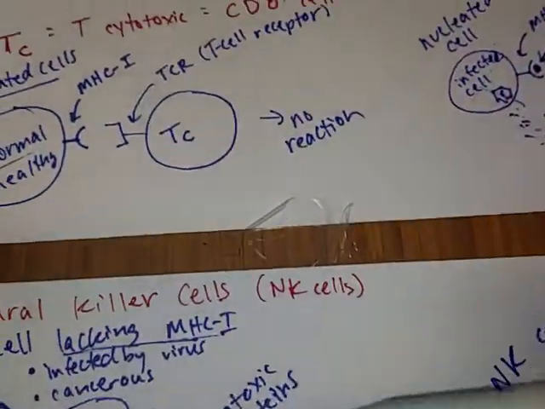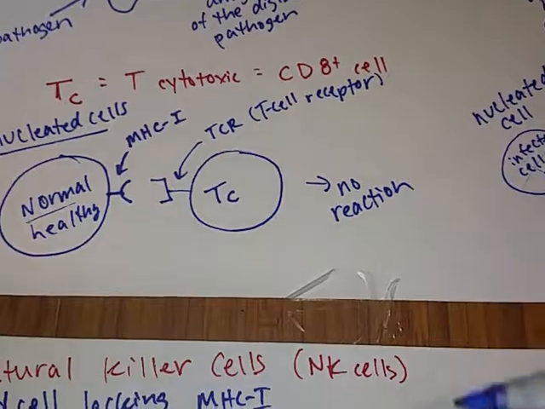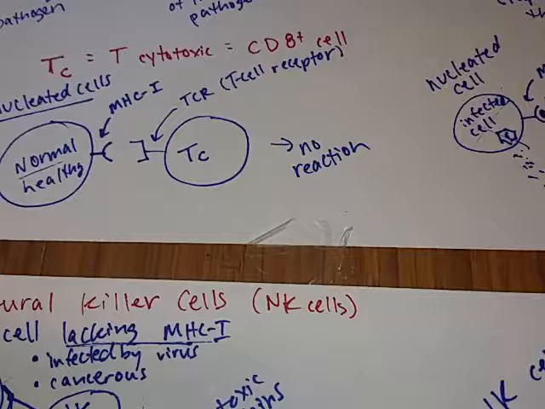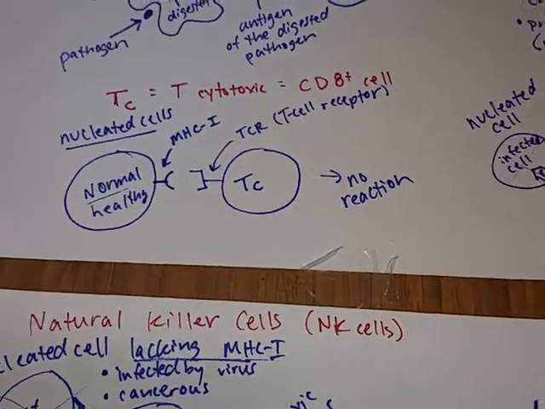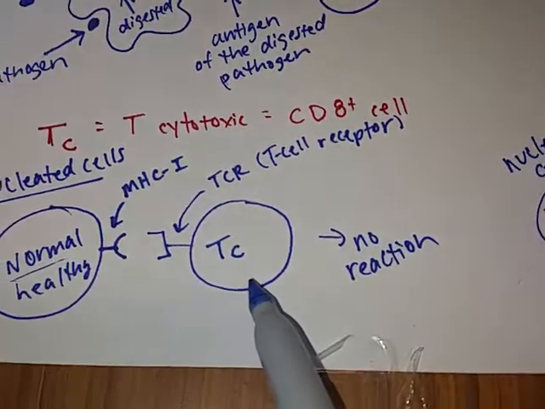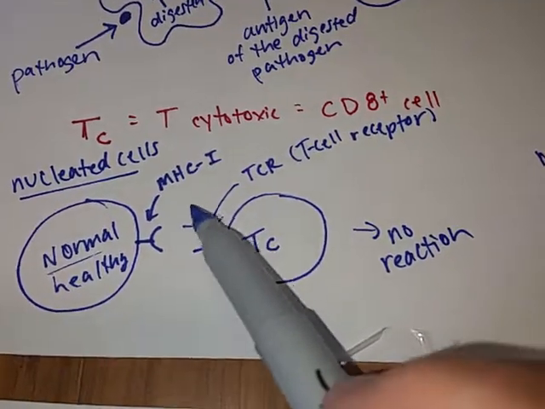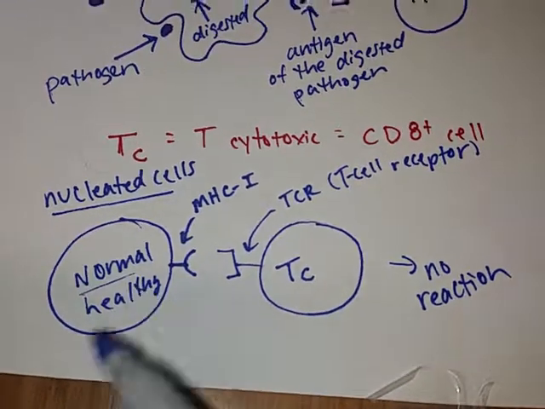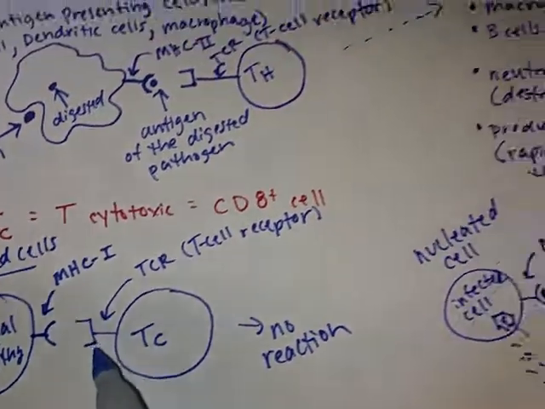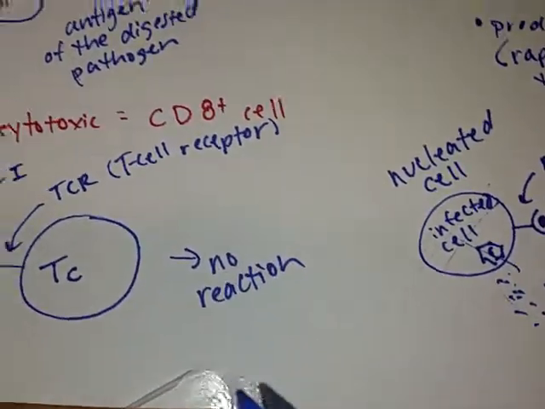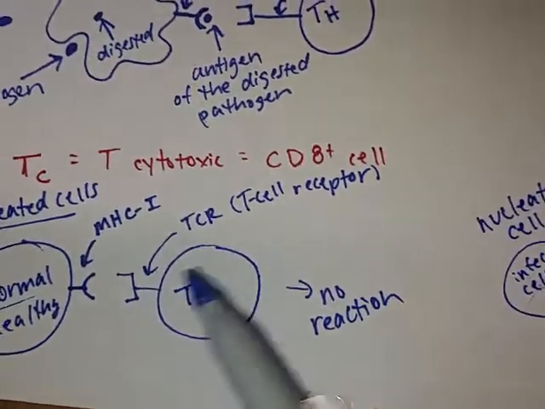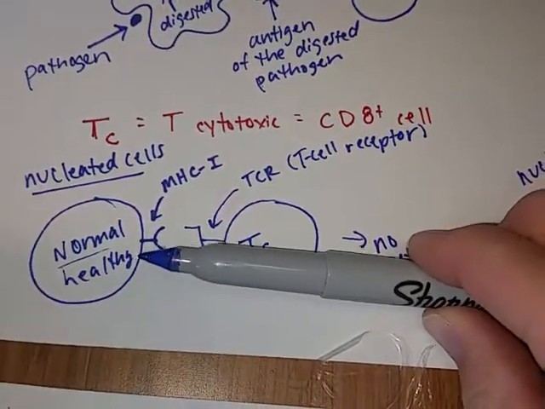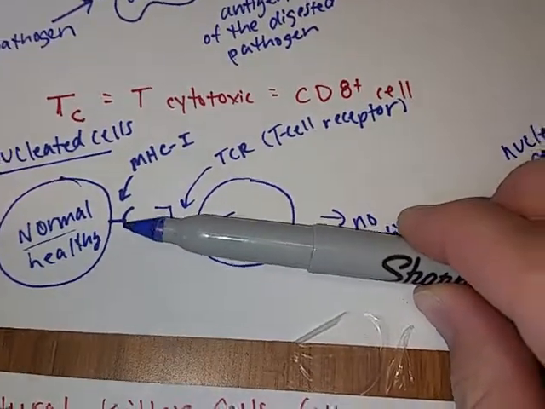T cytotoxic and natural killer cells are immune cells that kill off our own host cells that are infected or that have cancer. We said T cytotoxic cells go around and interact with MHC1. MHC1 is found on normal, healthy cells. Any nucleated cell in our body should have MHC1 on it that interacts with these T cytotoxic cells. So T cytotoxic cells will go up to healthy cells and they're like, oh, nothing bad here, we'll move on.